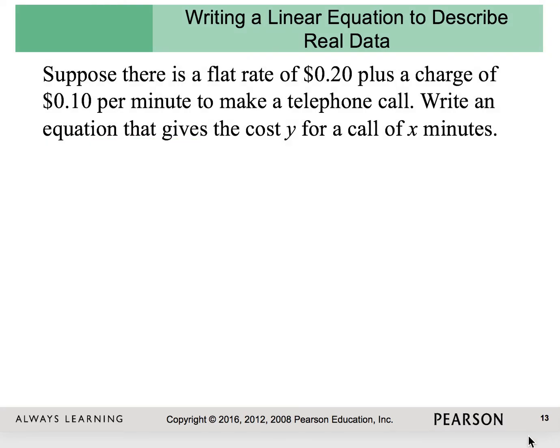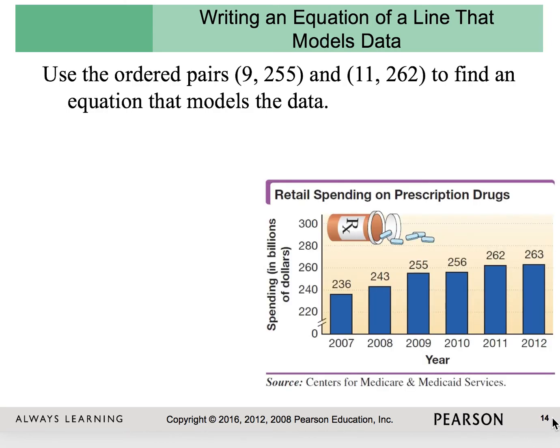Okay? One more time. Use the ordered pairs (9, 255), it's telling us 2009 was 255, and (11, 262), to find an equation that models the data. So it says find an equation. Okay, we're working with linear equations, so I need a point and a slope. It gives me 2 points. That means I can find the slope.